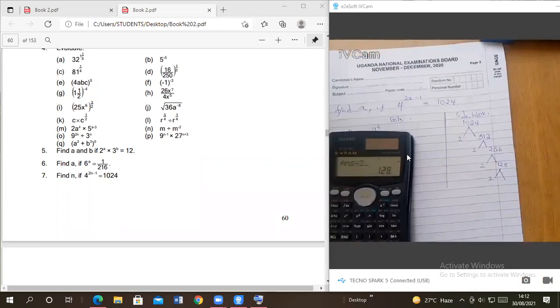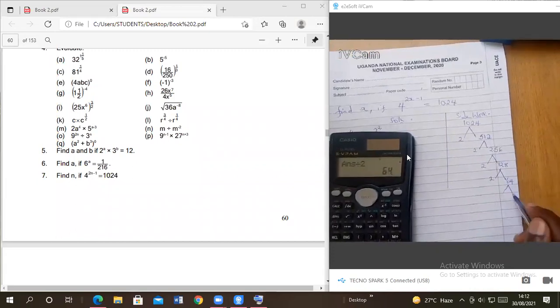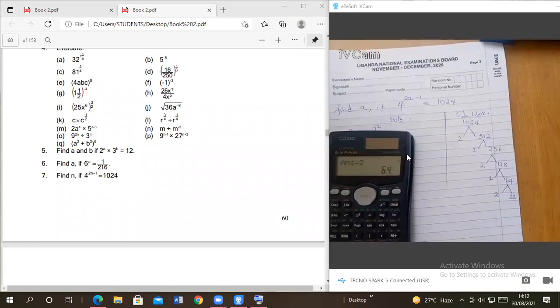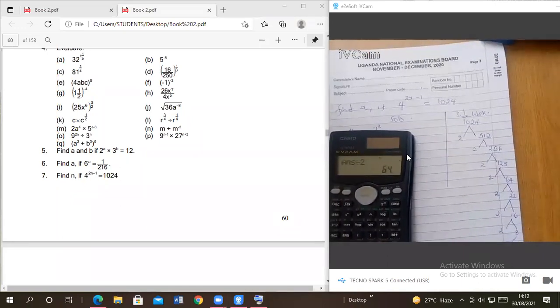So divided by 2, it will give us 64. Continue dividing that by 2. It will give us 32. Continue that by 2. That one will give us 16. By 2, that one will give us 8. By 2, that one will give us 4. By 2, that one will give us 2. Then by 2, that one will give us 1.